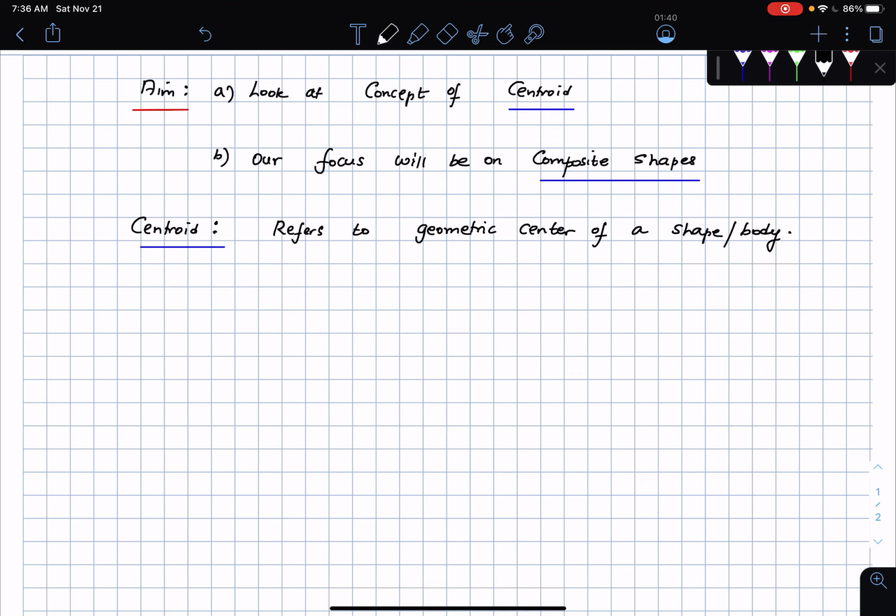Typically, if we are on Earth or near the surface of the Earth where acceleration due to gravity is a constant, and if the density of the body is a constant, then a nice thing happens.